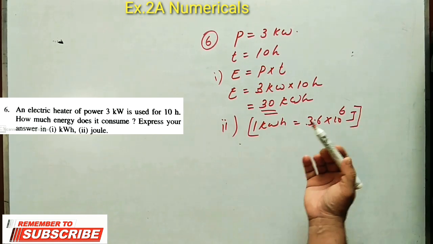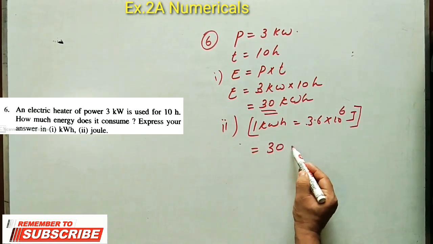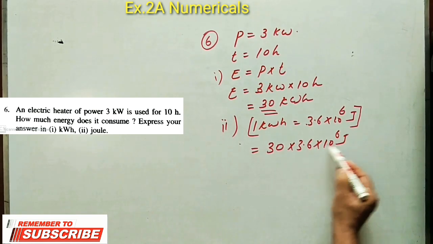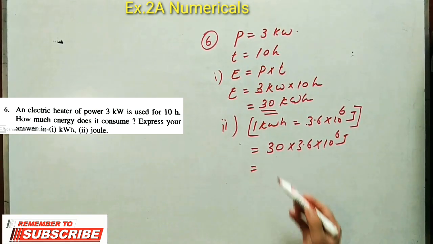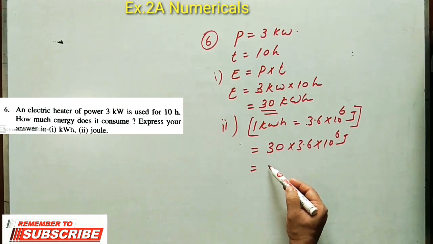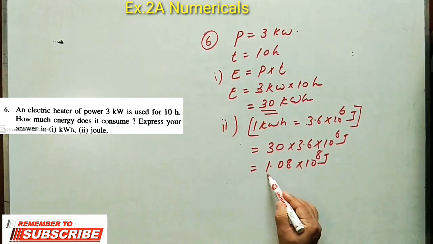So if you remember this value, the work is very easy. So we can convert 30 kilowatt hour is equal to 30 into 3.6 into 10 to the power 6 joule. Just multiply it and solve. 30 multiplied with 3.6 and express the answer. The answer comes out to be 1.08 into 10 to the power 8 joule.